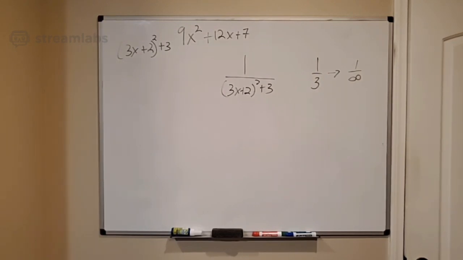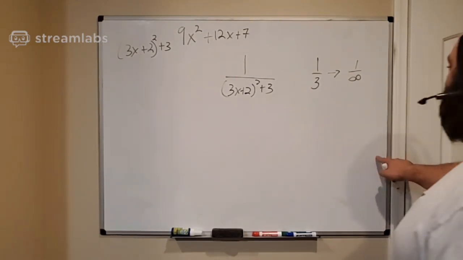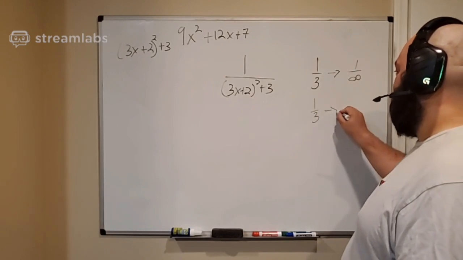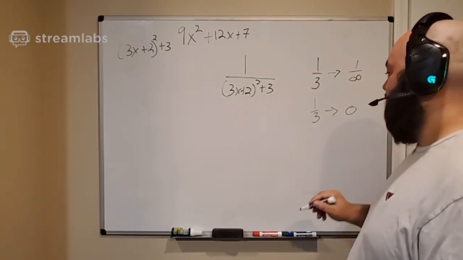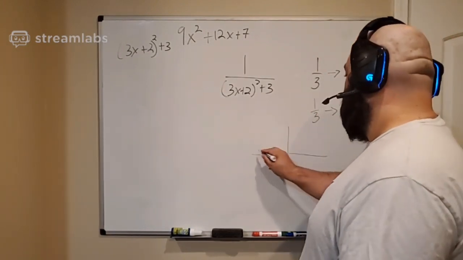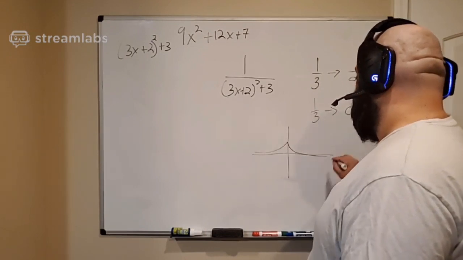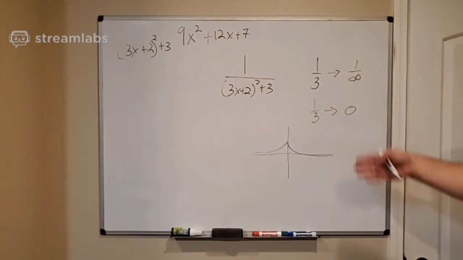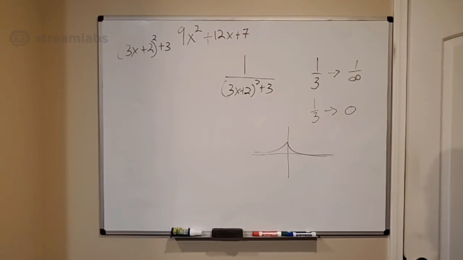It's 1 over 3, because what's 1 over infinity? It's close to 0, basically 0. So your function goes from 1/3 to 0. If you graphed your function, it would look something like that, curved.